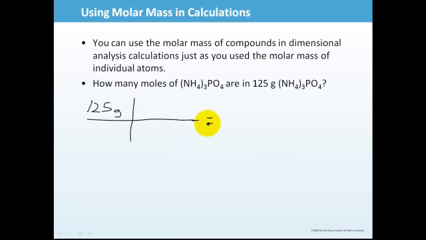All right, but again, this time we're starting with grams, so to cancel out the units, we have to have grams on the bottom. So that molar mass we found out a couple slides ago is 148.177 grams, and that is in 1 mole.